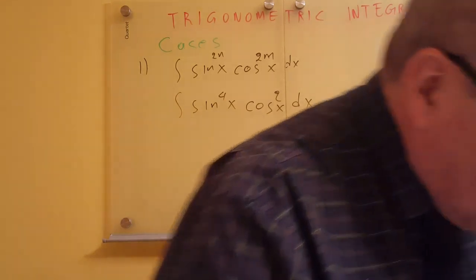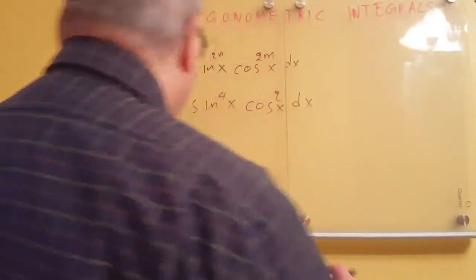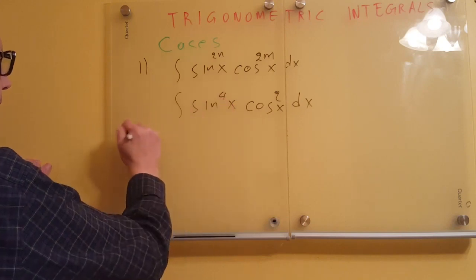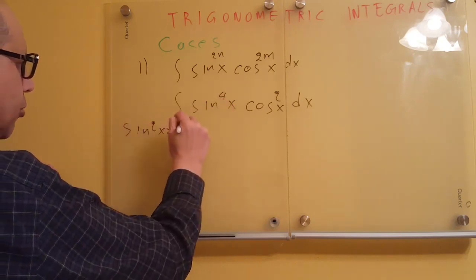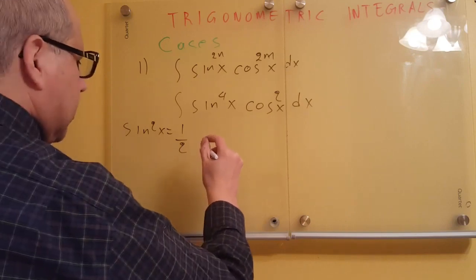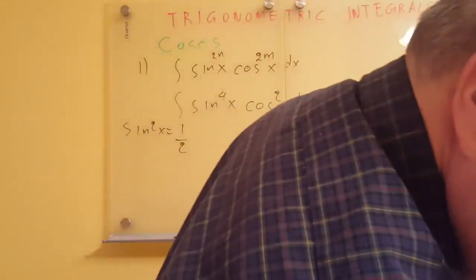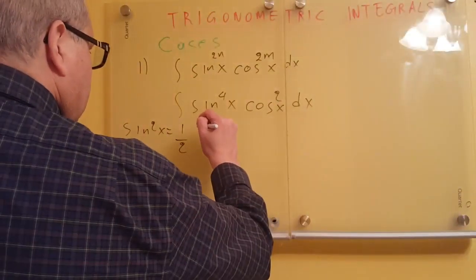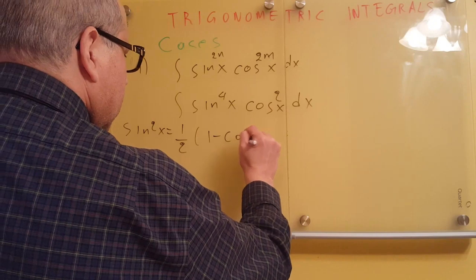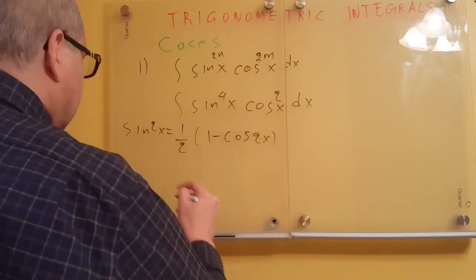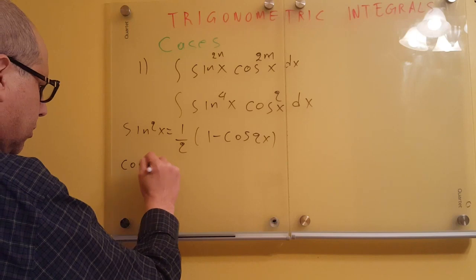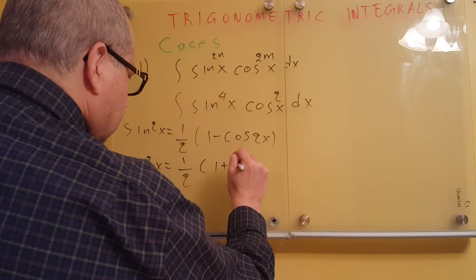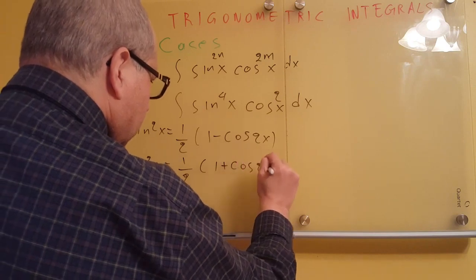We have to substitute sine square x equal to 1/2 times (1 minus cos 2x), and cos square x equal to 1/2 times (1 plus cos 2x).